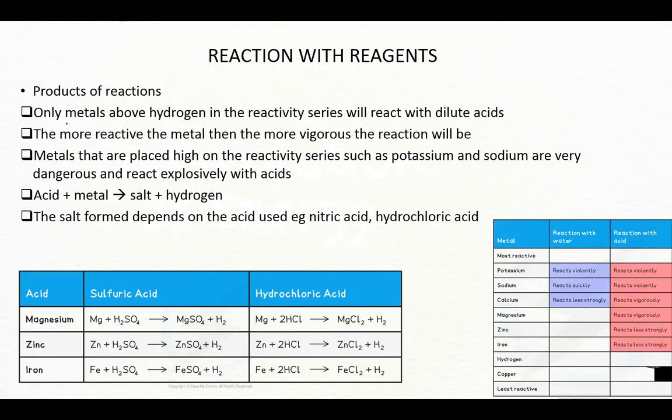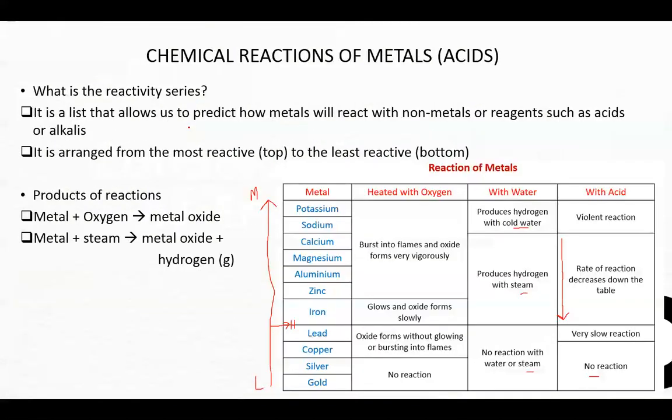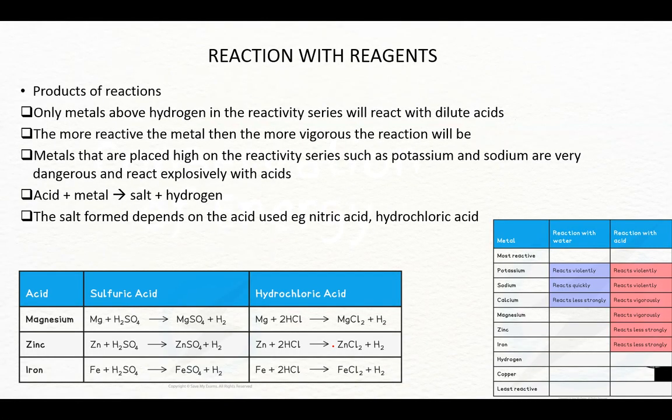So only metals above the hydrogen, remember I put the hydrogen here between iron and lead. So only metals above hydrogen in the reactivity series will react with dilute acids. Now, the more reactive the metal, the more vigorous the reaction is going to be.